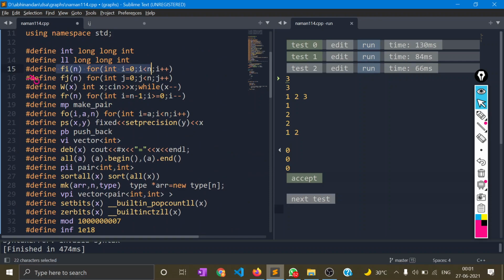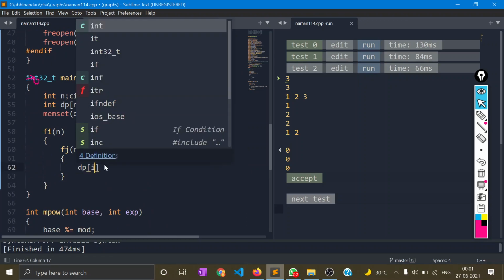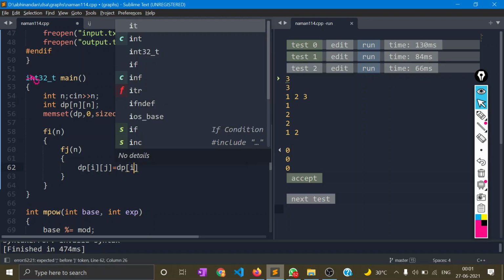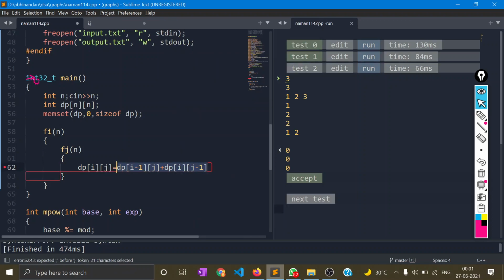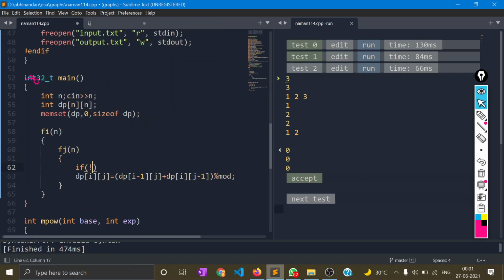And dp[i][j] will be equal to dp[i-1][j] plus dp[i][j-1]. And I have to take the mod as well.